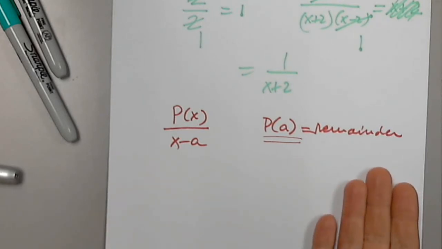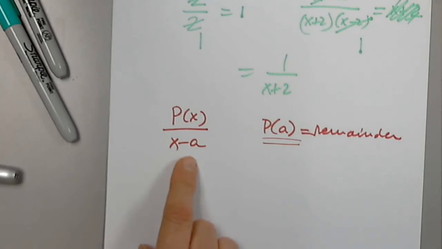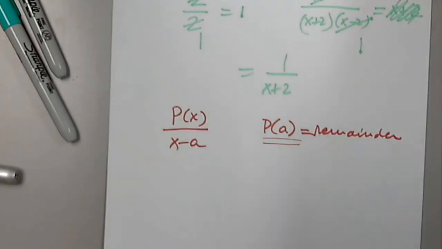By the remainder theorem, because the denominator is x minus a, P of a will be the remainder. Is it wrong to use synthetic division? No, you will get the same remainder, and you will say no because the remainder is not 0. I will say x minus 2 is not a factor of P of x. Good. Okay, where are we?